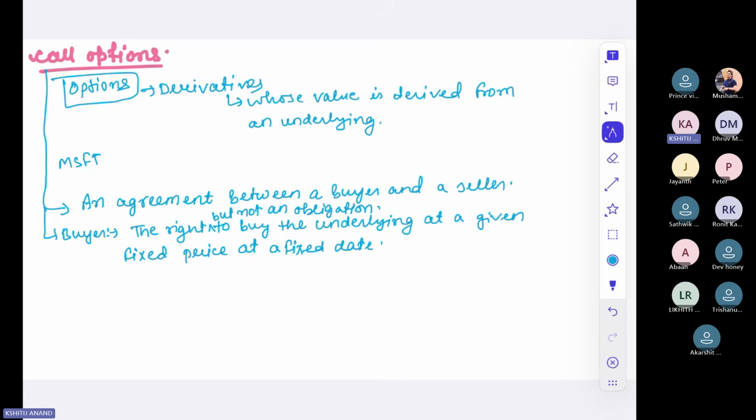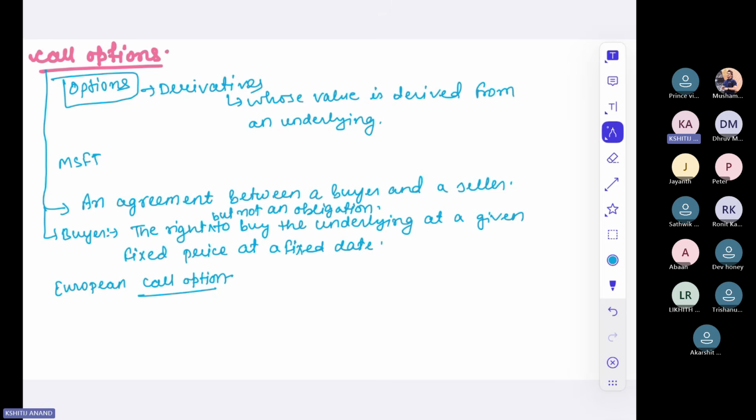So what does it mean? Let's talk about the simplest option, which is the European call option. Suppose you are the holder of a European call option. It gives you the right, but not an obligation, to buy the underlying at a given fixed price at a given fixed date.